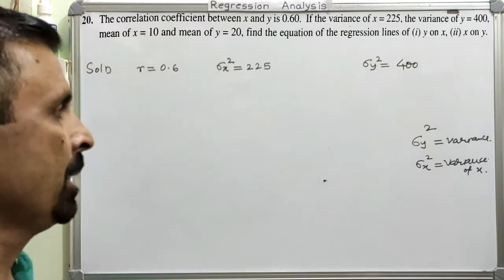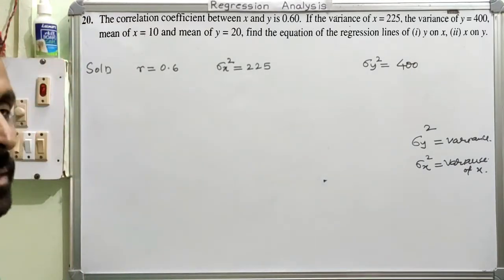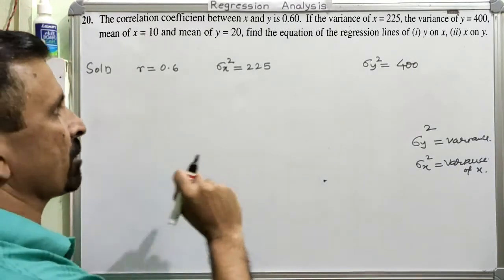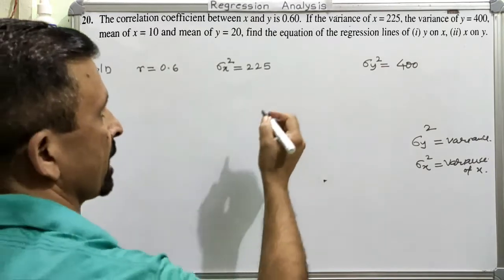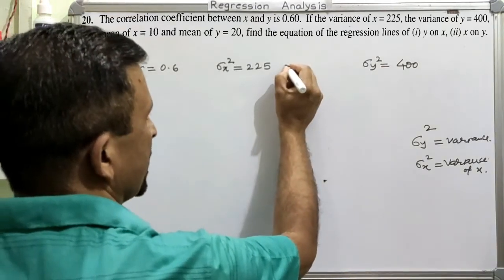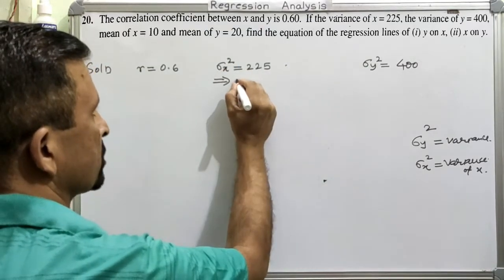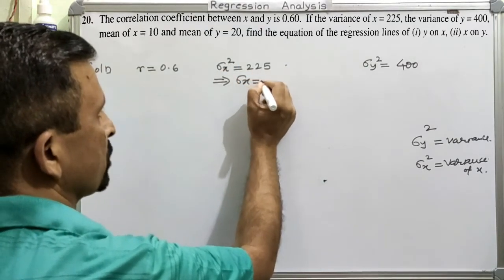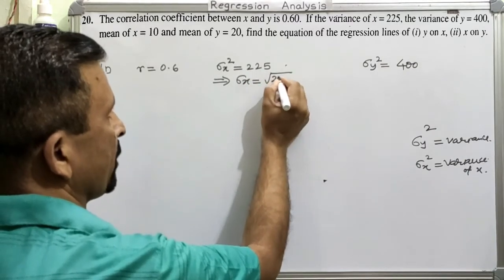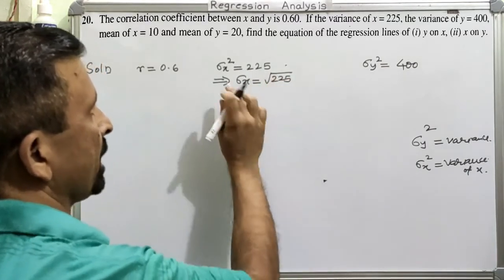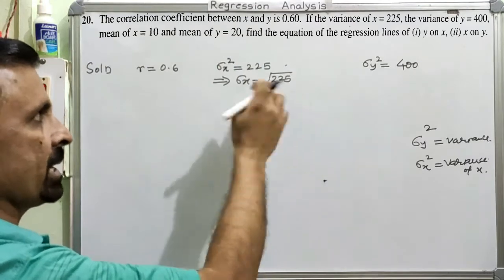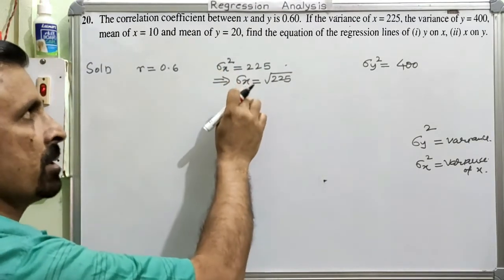Since we have the variance, we can easily calculate the standard deviation from it. We send the square to the other side, so sigma x is equal to root over 225, which changes the variance into standard deviation.